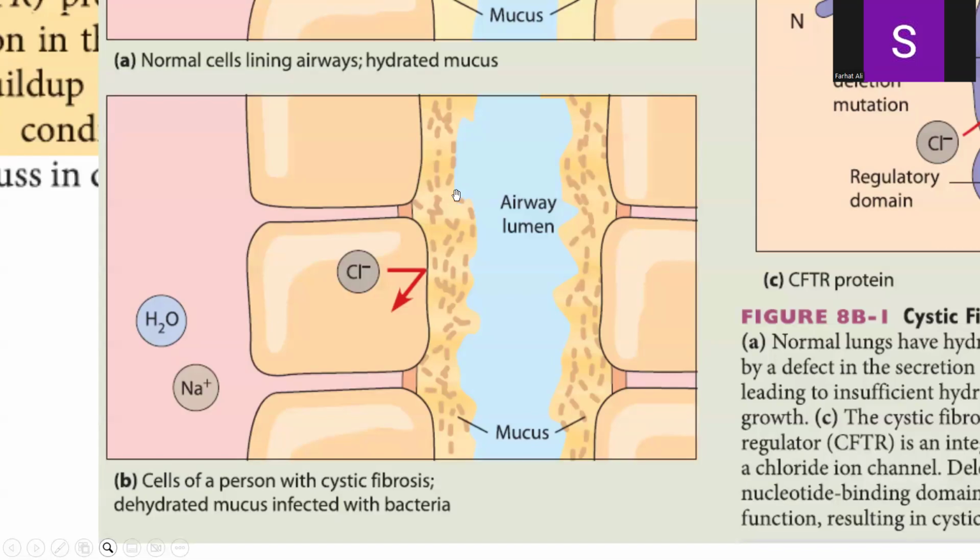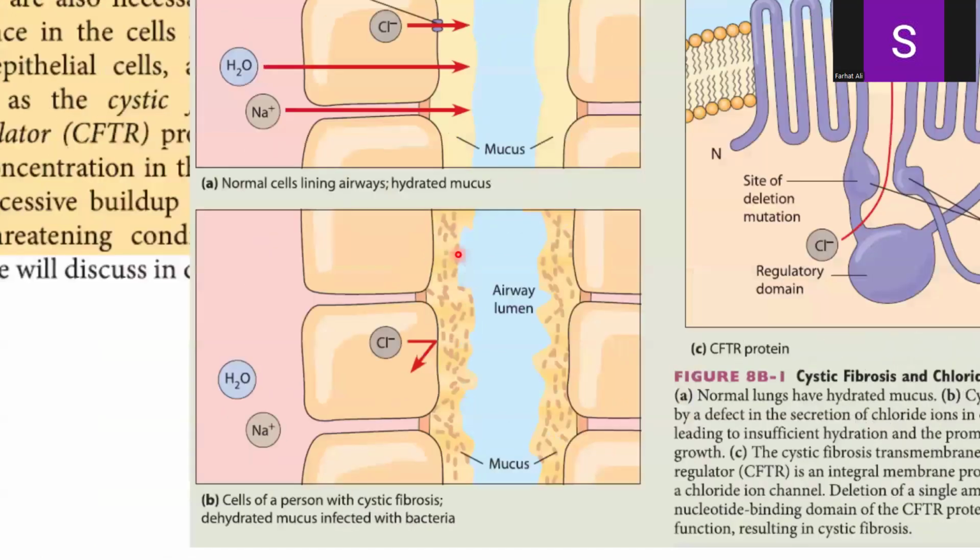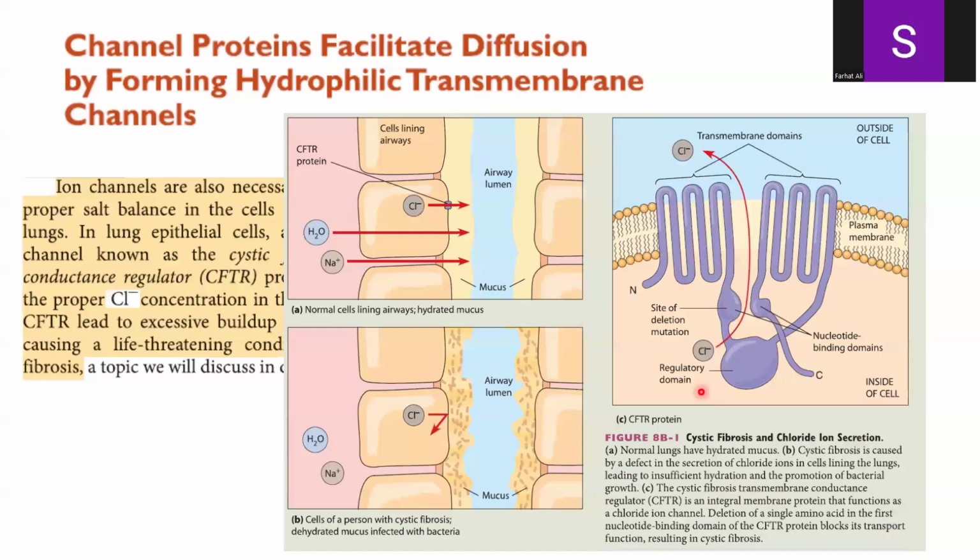The mucus will become dehydrated and it will become sticky and hard, and this would eventually result in breathing disorders. So cystic fibrosis is a condition in which the mucus becomes very sticky, hard, and therefore it leads to breathing problems in that patient. So this is caused because of a mutation in the CFTR protein.